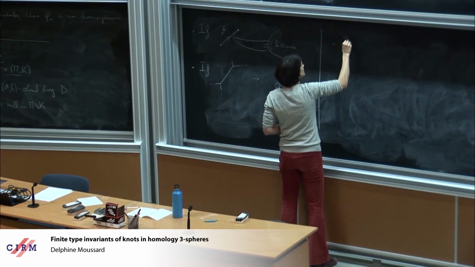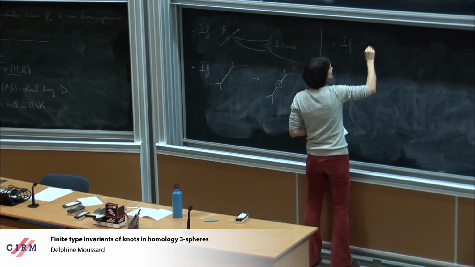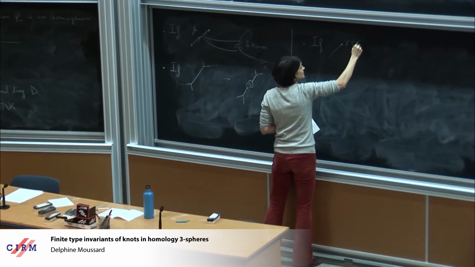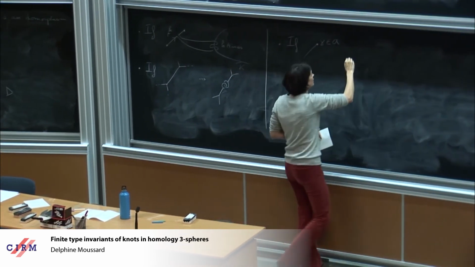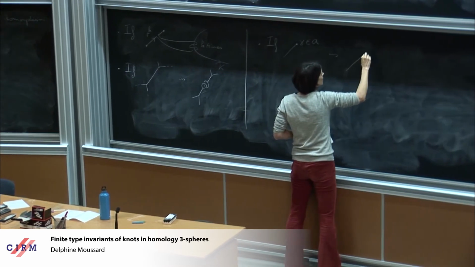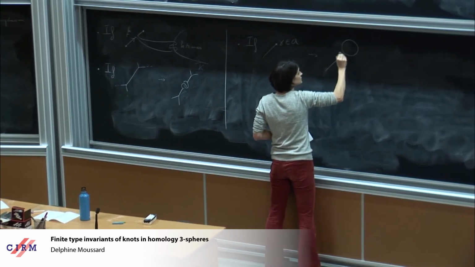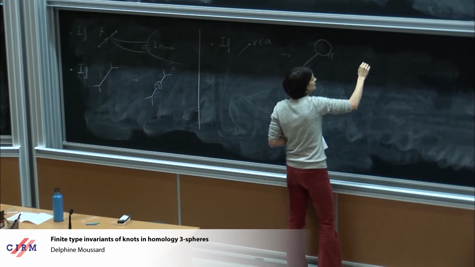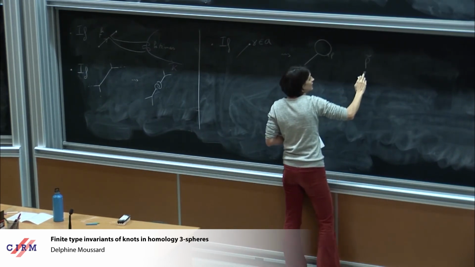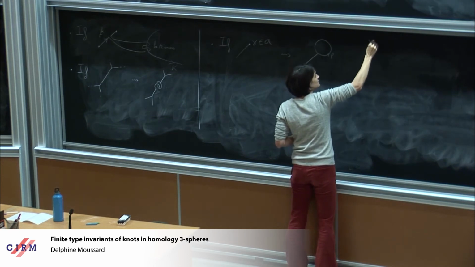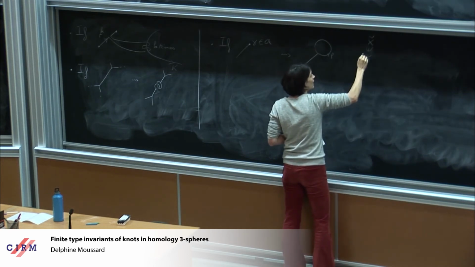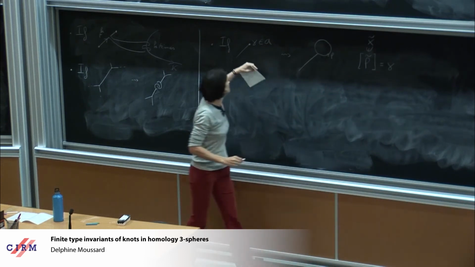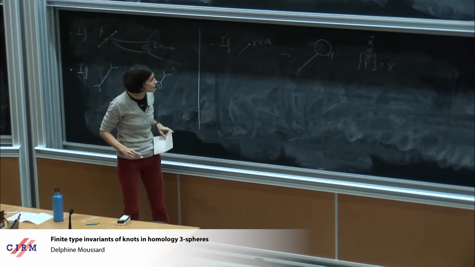Now for the univalent vertices, if we have a univalent vertex labeled by some gamma in the Alexander module, you glue at this vertex a simple closed curve, say L, such that when you lift L as some L tilde in the infinite cyclic covering, its homology class is equal to gamma, the label of the univalent vertex.